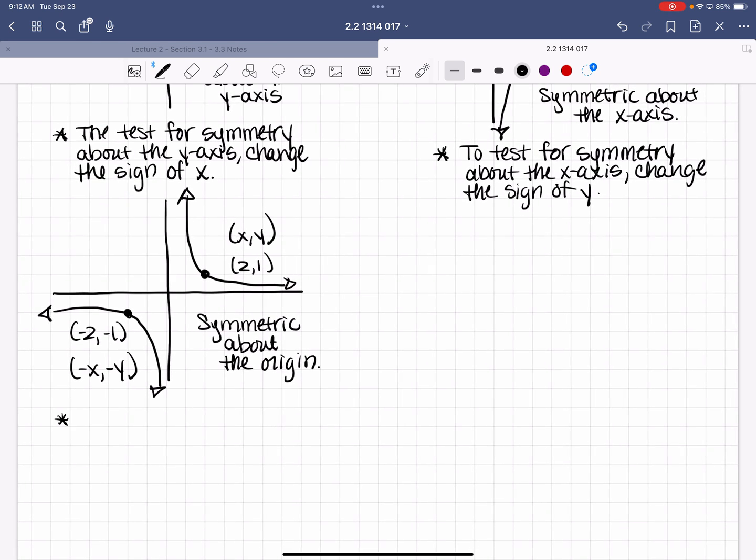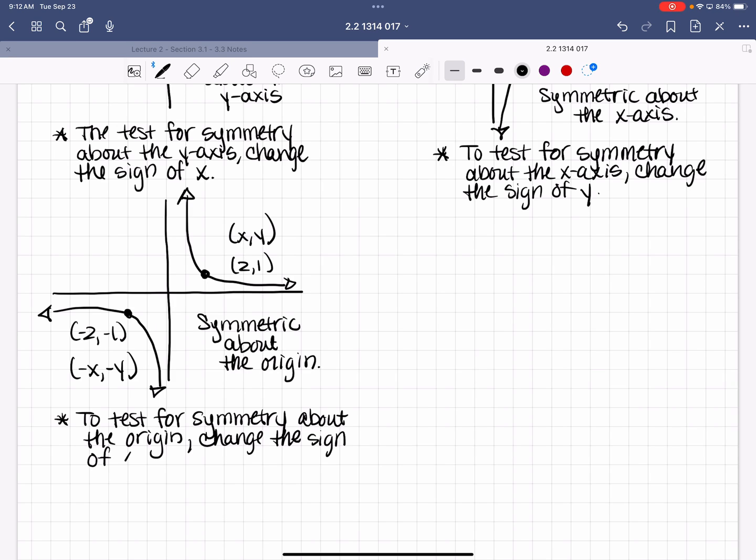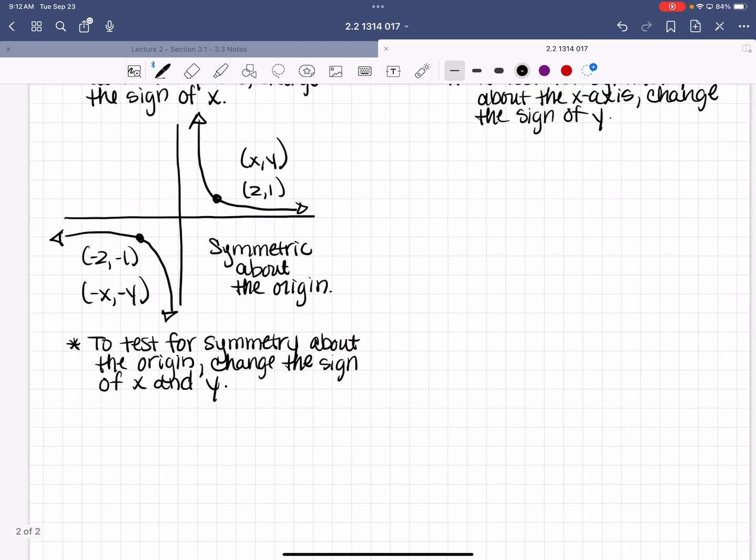And to test for symmetry about the origin, change the sign of x and y. Okay? And we'll do some examples.